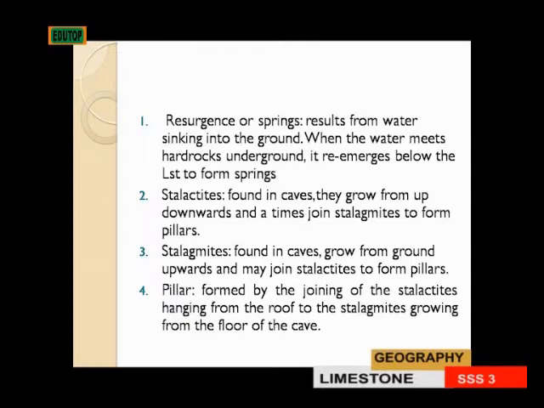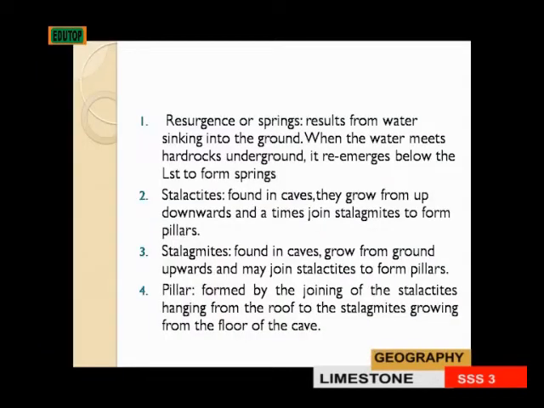Stalactites are found in the caves of the limestone region. They are underground features which grow from the roof of the cave towards the ground of the cave. And as they grow, they may meet up with the other underground features called stalagmites, which grow from the ground or floor of the cave to the roof of the cave.